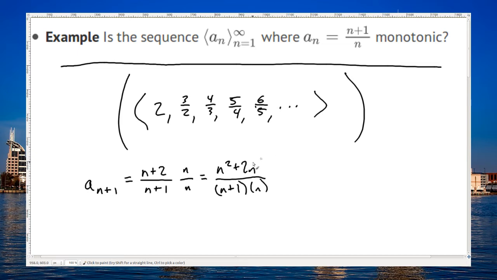And then I want to be able to do some canceling here. So let's see here. I've got n plus 1 up here. I could add 1 and subtract 1 to complete the square. And that gets me n plus 1 squared minus 1 all over n plus 1 times n.